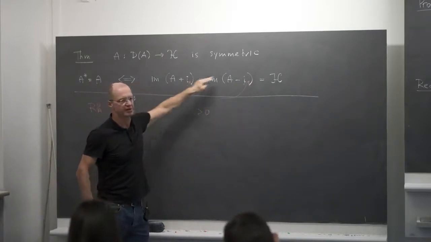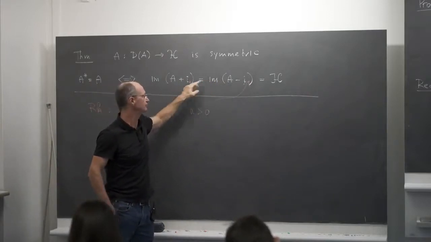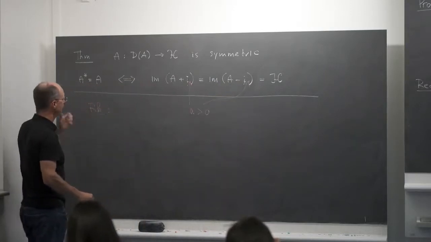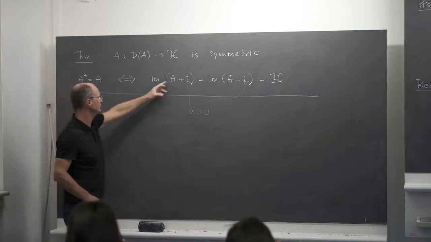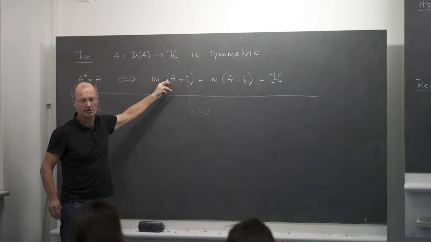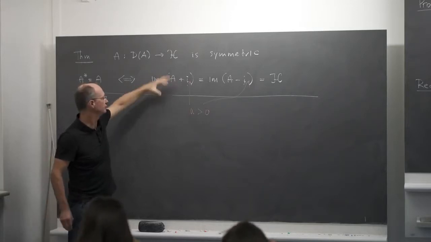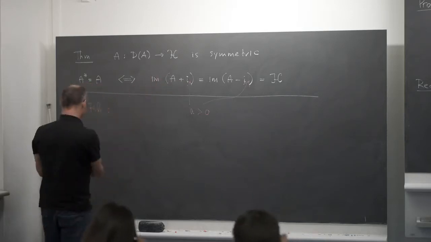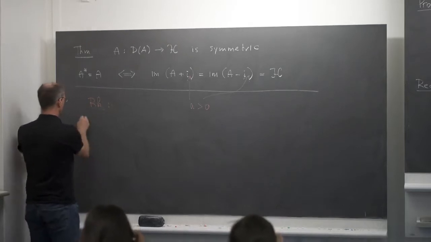So this choice of I or minus I doesn't matter so much. You can see it because you can always, for instance, multiply your operator by a positive real number. Then it would scale the operator and it would automatically scale this I. Okay.